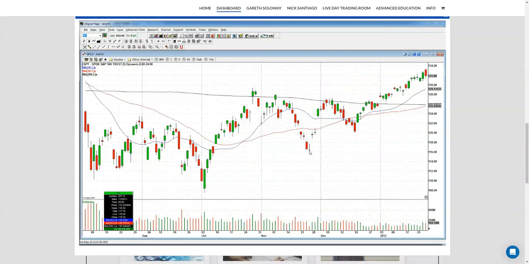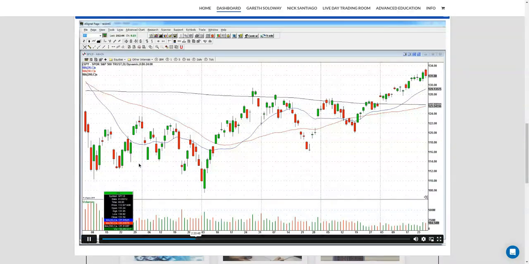What kind of candle is that? Inverted hammer or a hammer? All we care about is the narrow body bar. We don't care about which way it's pointing. It's just the market maker's way of fooling us. All we care about is a narrow body bar.